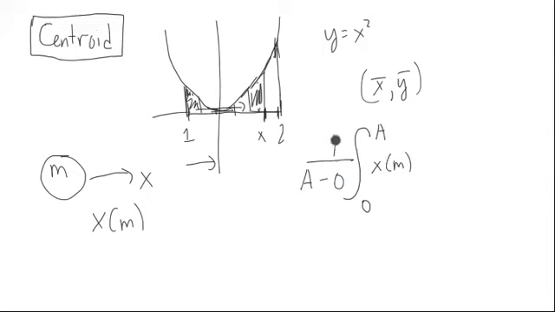So we integrate this function and divide by the length of the interval with respect to m, and that will tell us precisely what x bar is, which is the coordinate of the centroid.